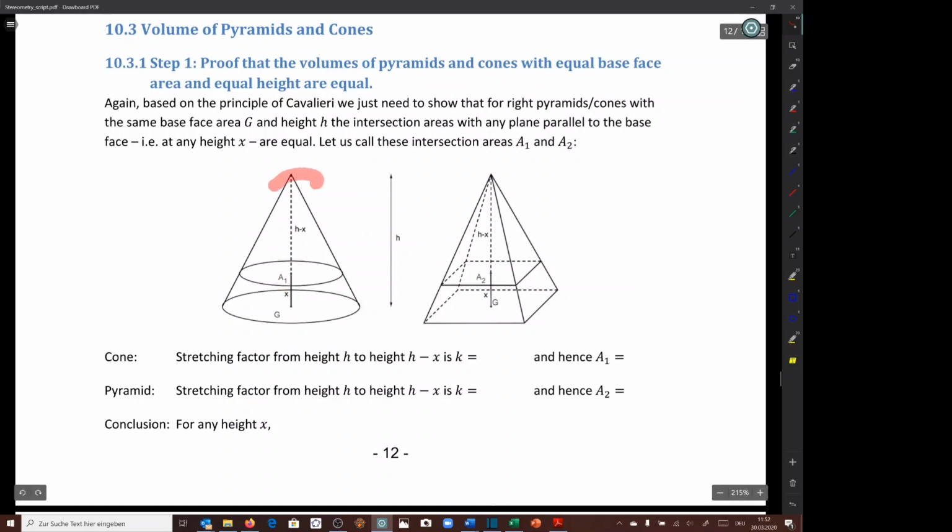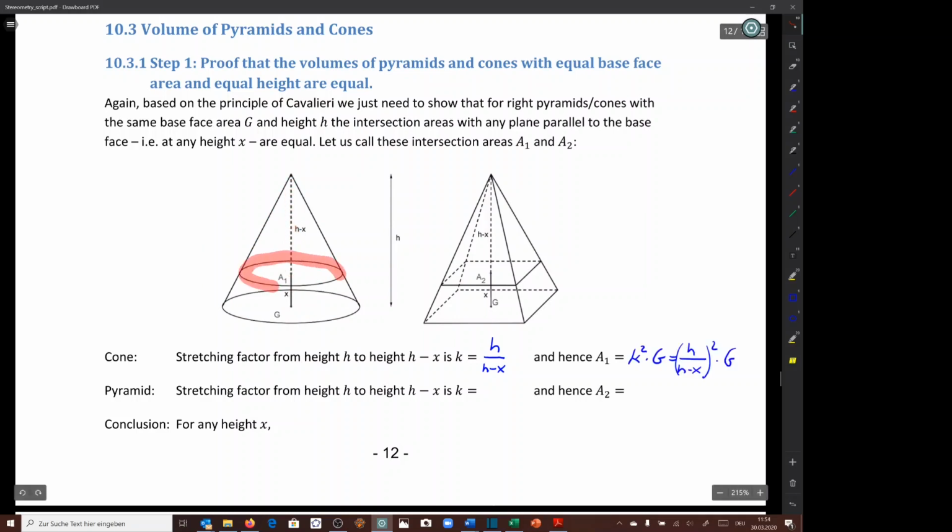This cut generates a smaller cone, or here a smaller pyramid, so stretched versions of the original cone or original pyramid. The stretching factor from the larger cone or pyramid to the smaller one is obviously the height of the larger cone, so H divided by the height of the smaller cone, H minus x.